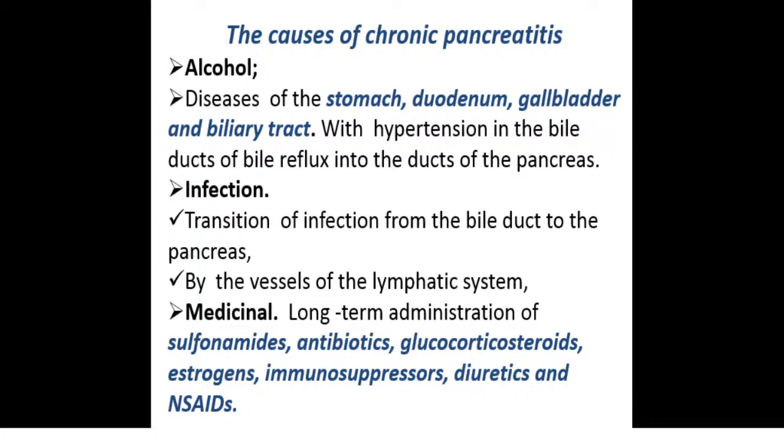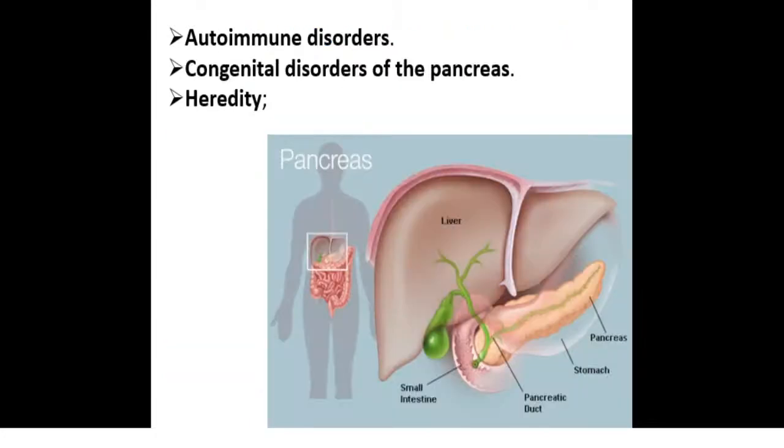Also, chronic pancreatitis may occur if the patient many times uses different medicines, such as sulfonamides, antibiotics, glucocorticoids, and other drugs. Also, the patient may have an autoimmune disorder, a congenital disorder of the pancreas, and heredity.